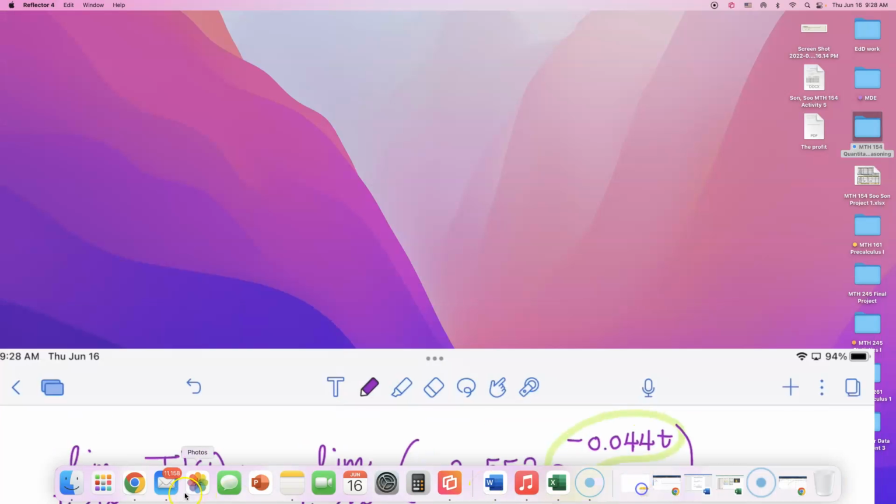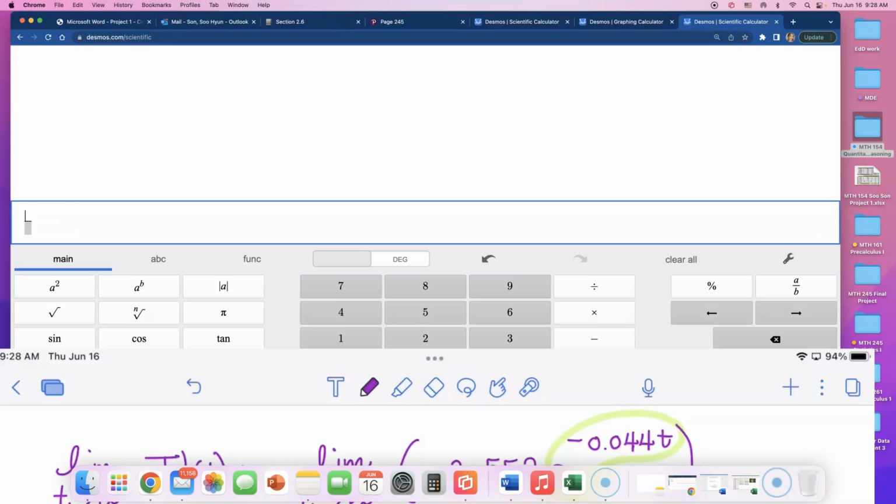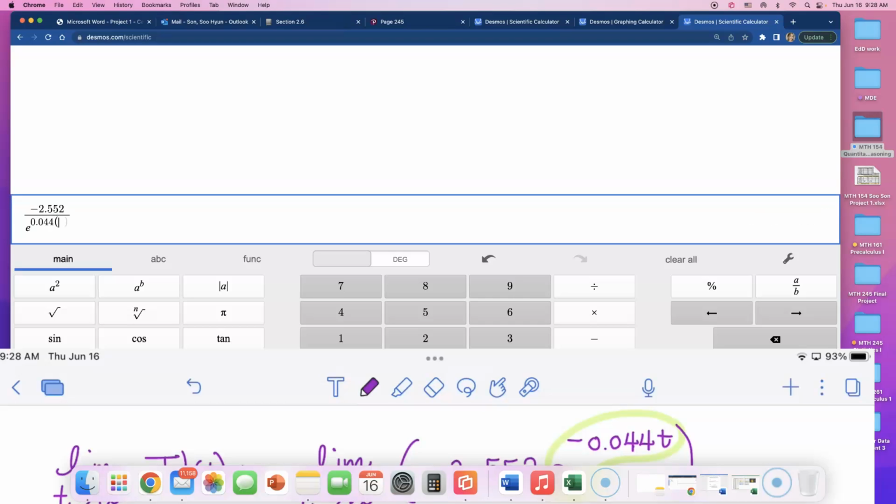So if I just type this in to show you, we're doing negative 2.552 divided by e to the 0.044 times a very big number like 10 or 100 or 1,000, or 99. You see what it's getting close to? It's getting close to, again, 0.